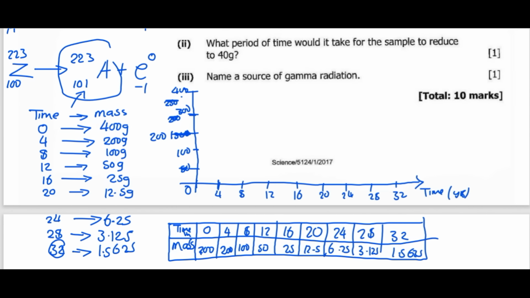So 0,400 is here, 4,200 is here, then 8,100 is somewhere here, 12,50 here, 16,25 somewhere here, 20,12.5. So the curve will move closer and closer to the x-axis. So this is our curve. This is the picture that we are going to have here.